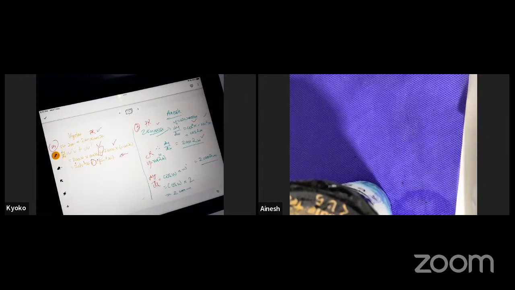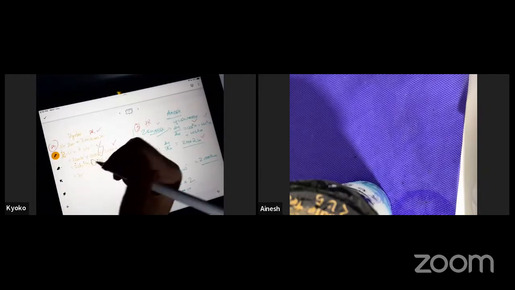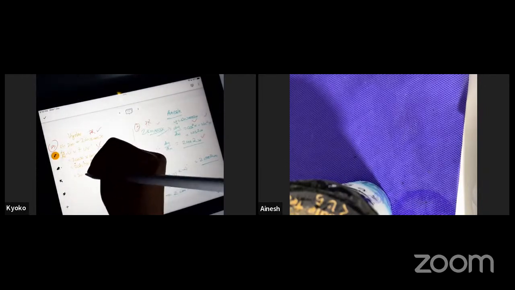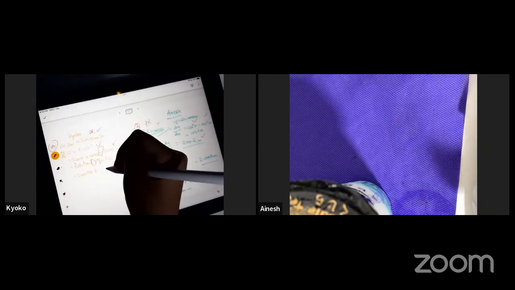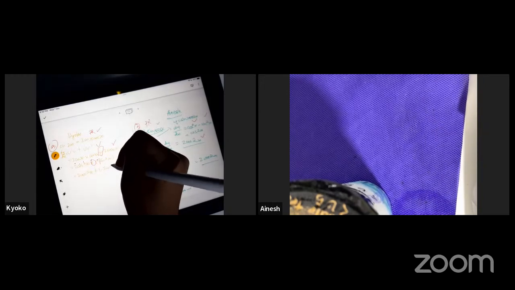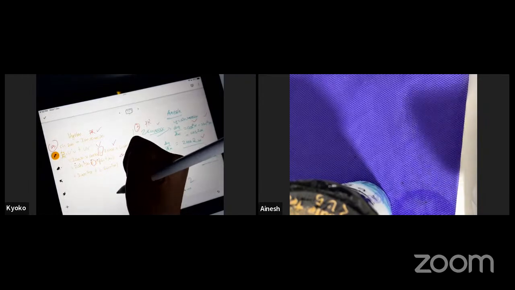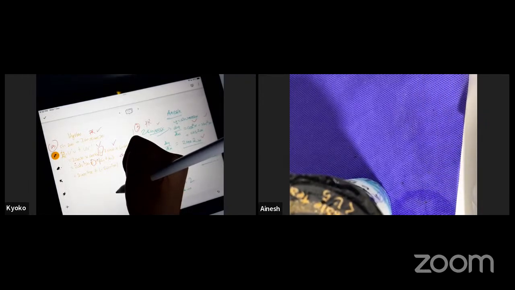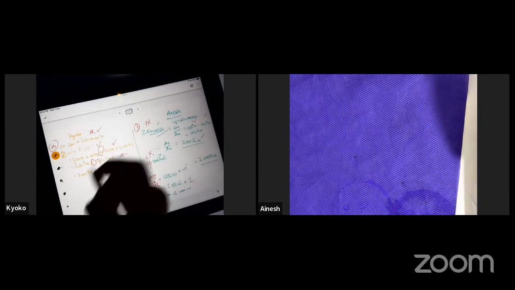Kyoko, fix it up quickly, please. So we'll simplify further, Kyoko, because we'll come back to this, okay? Go to page 8 first, but you're doing it correctly now.